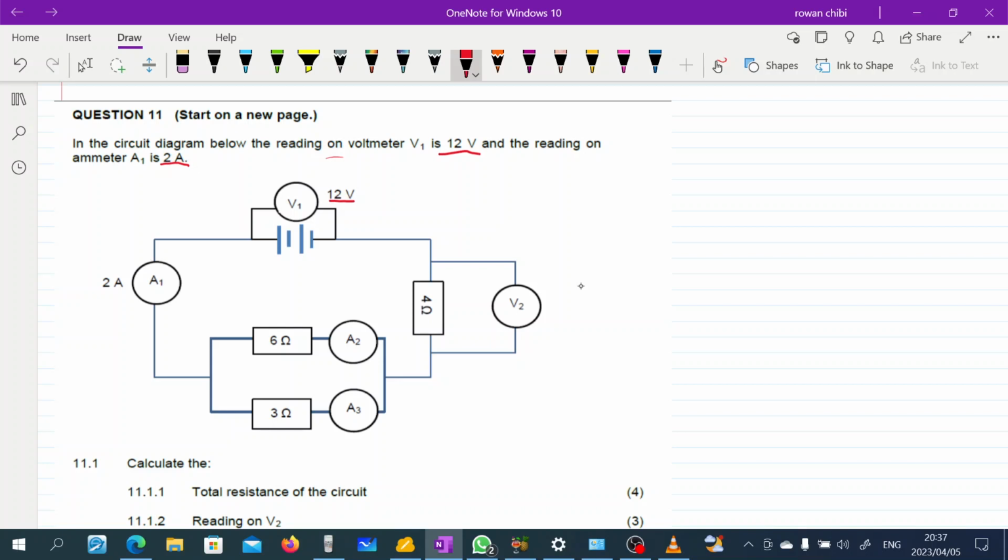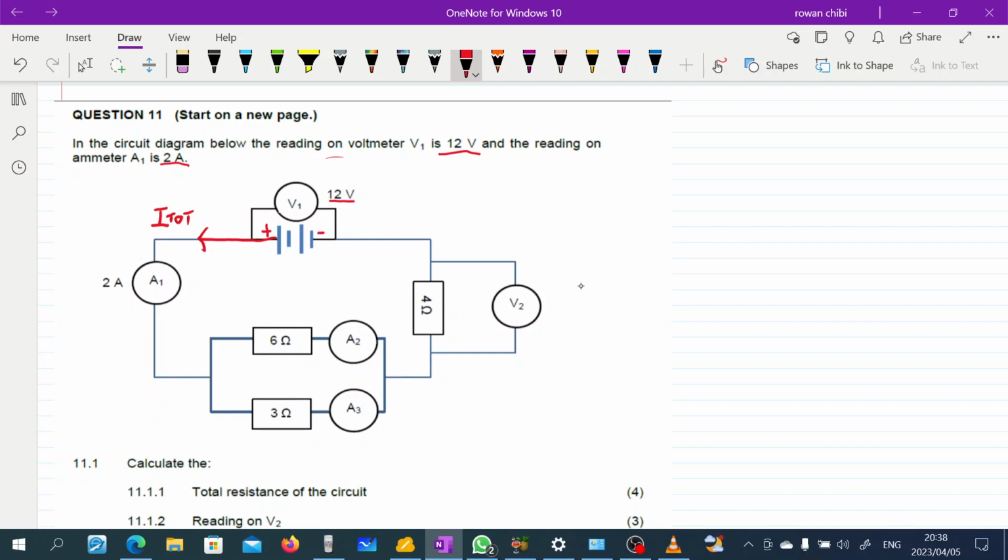So the battery is producing 12 volts. This side is the positive side of the battery, this side is the negative side. So electricity will come from the positive side of the battery. This is how current will come. We call it I total.